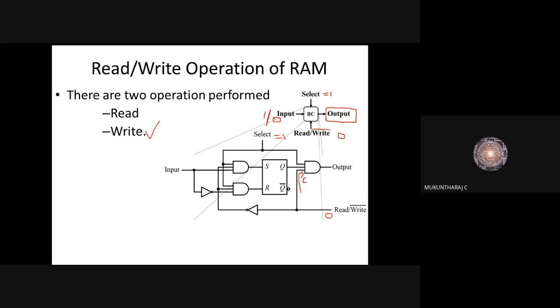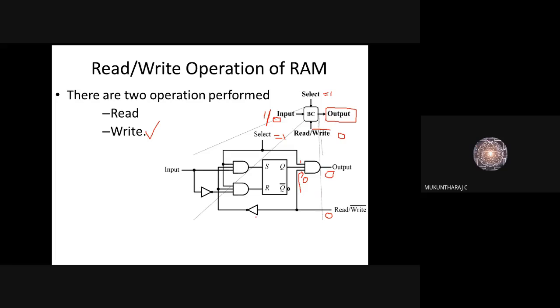So here one of the inputs for this AND gate is logic 0, the select line is 1. Okay, even though the select line is 1 here, one of the inputs for this AND gate is 0, so definitely the output will be 0. Okay, output will be 0, right? So whatever data is on the Q output line, that is not transferred to the output line, right?